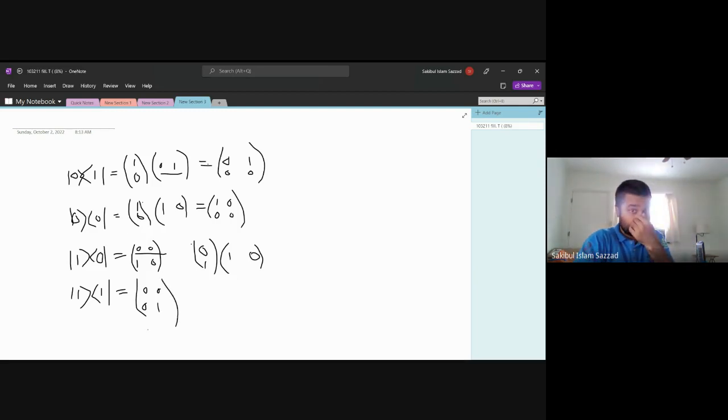So it's a cool thing for 2 qubit gates. How is it cool? If we make a summation of all of this, starting from 0 0, then 0 1, then 1 0, then 1 1, what will we get?